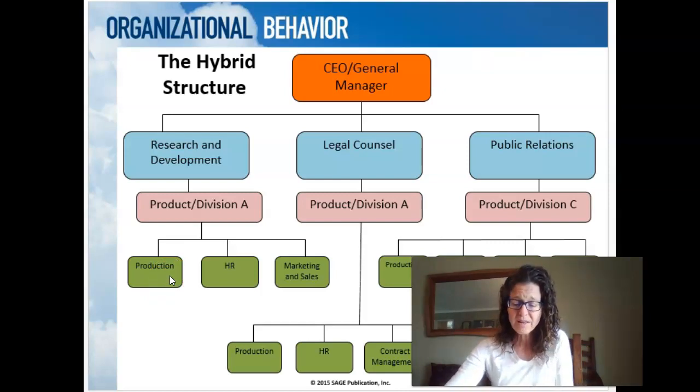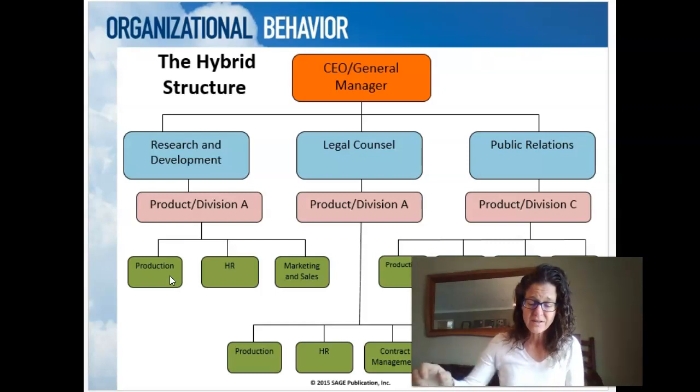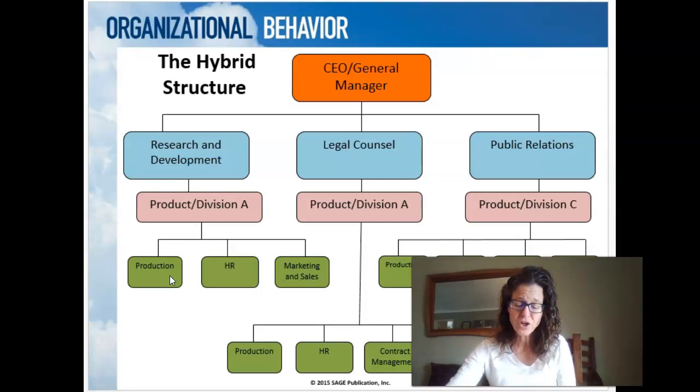And so this is the hybrid structure. The hybrid structure allows multinationals and other large organizations to have more flexibility and be better able to deal with an uncertain environment, be more responsive to customer needs, because they integrate both some functional areas at headquarters level and then some areas that are market specific, region specific, or product specific.